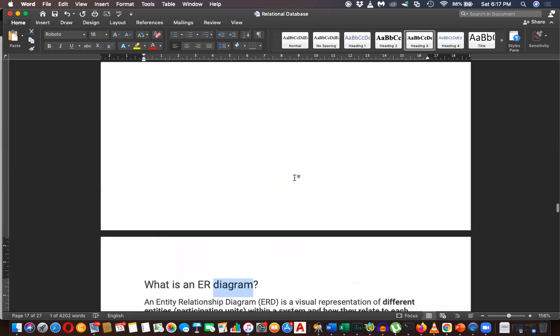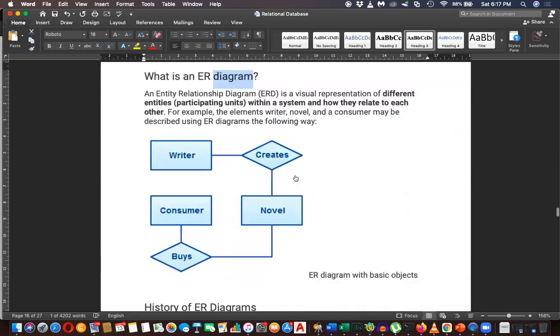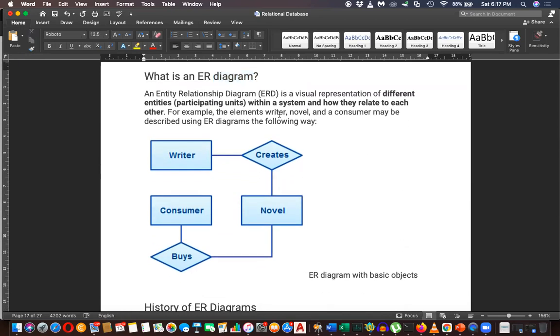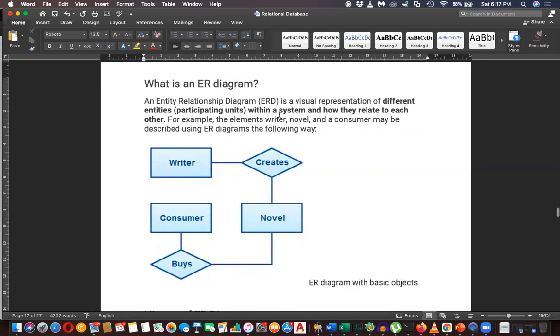We already learned this in the SQL part. These relationships are the foreign key primary key relationships between these entities. Okay, so this is the basic idea, right? What is an ER diagram? It is basically the participating units and how they interact with each other, or entities and their interactions.